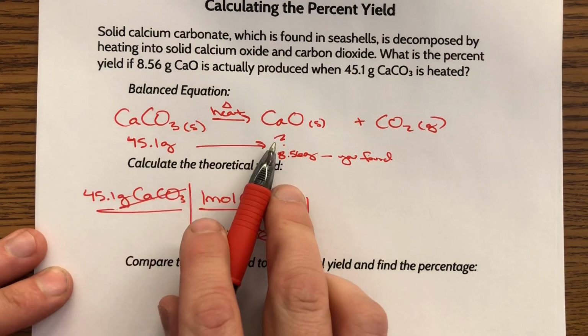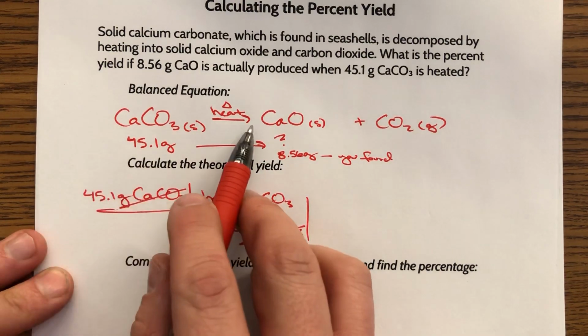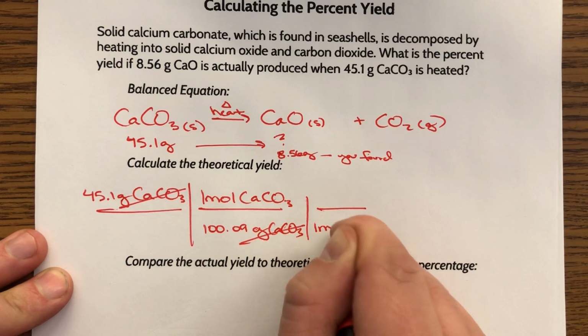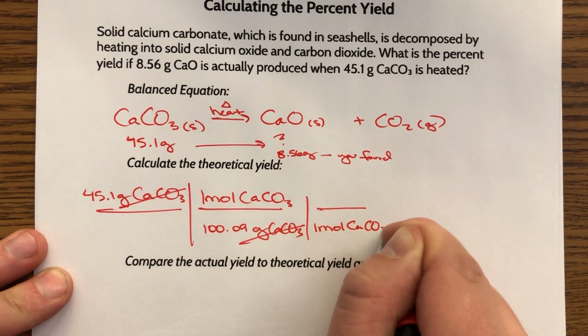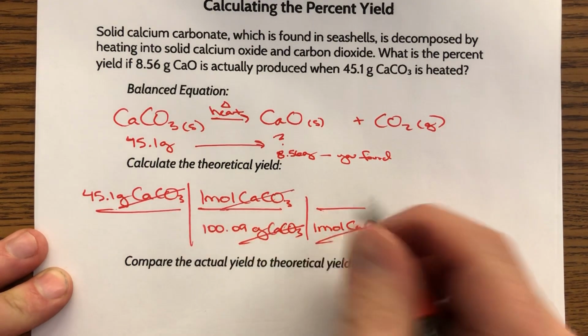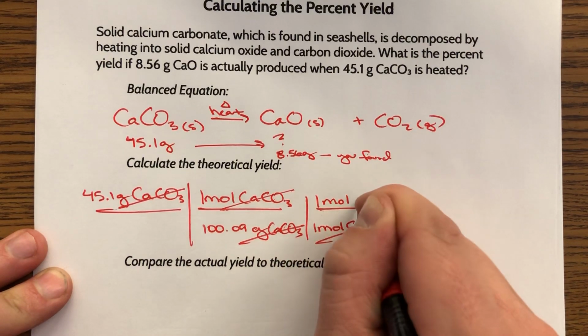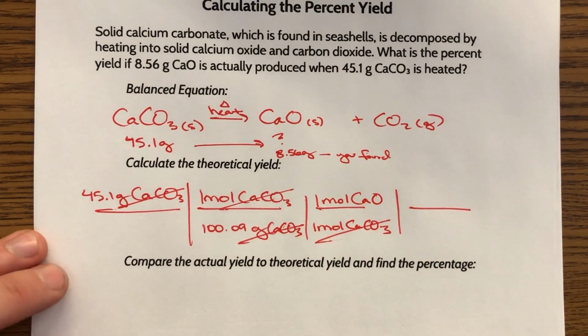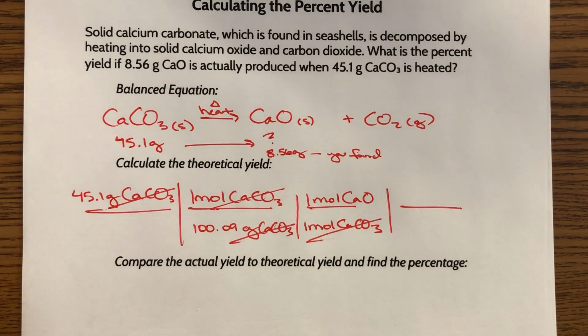We're going to compare it to our mole ratio, which is 1:1. So if we write this out, it's going to be 1 mole of CaCO3. We want it so it can cancel with 1 mole of CaO, calcium oxide. And we did this math before.